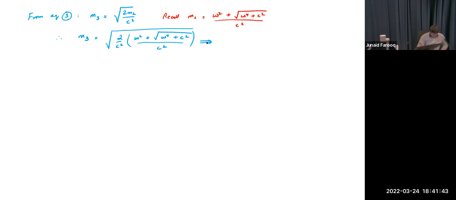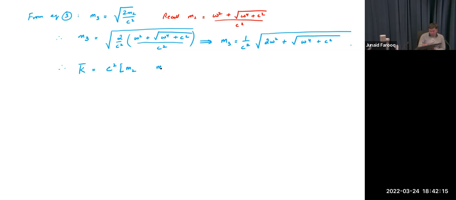Okay, so further simplification will give you m3 equals 1 over c squared, two omega squared plus omega 4 plus c squared. So that's your m2 and m3. So therefore, the k bar is c squared m2 m3.